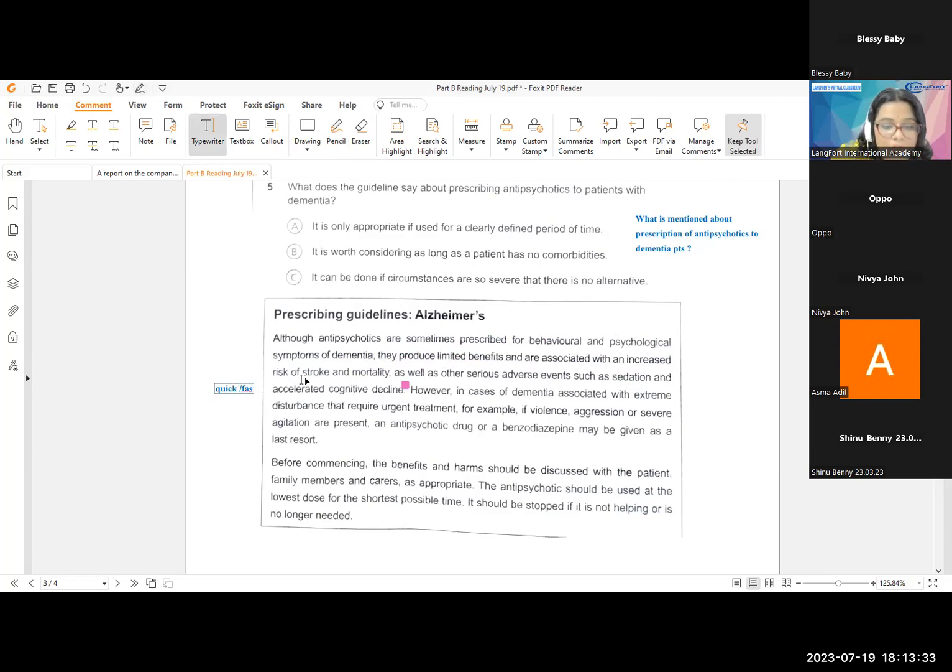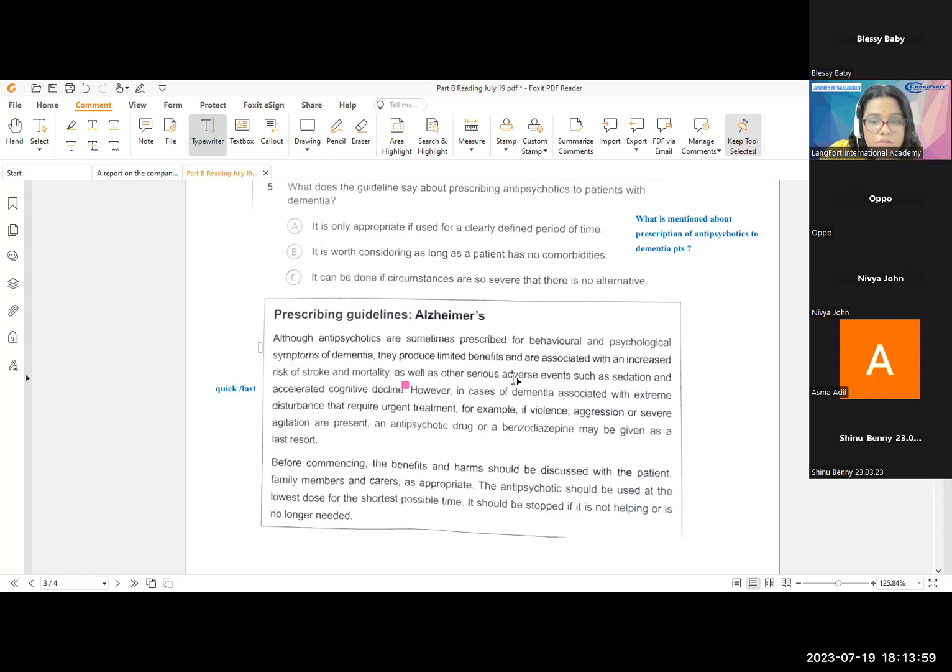Okay, let's have a look at the sentence. The guideline is about prescribing for Alzheimer's, and the first sentence says that even though antipsychotics are helpful for managing behavioral and psychological symptoms of dementia patients, the benefits are very limited. They are also connected to an increased risk of stroke and death.